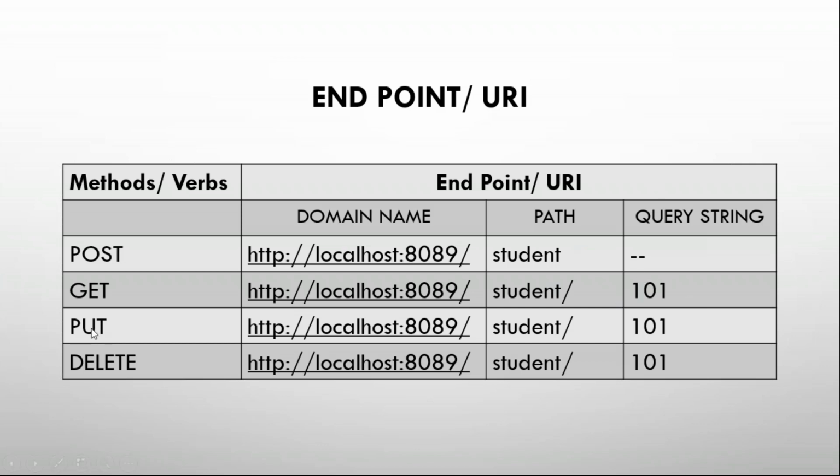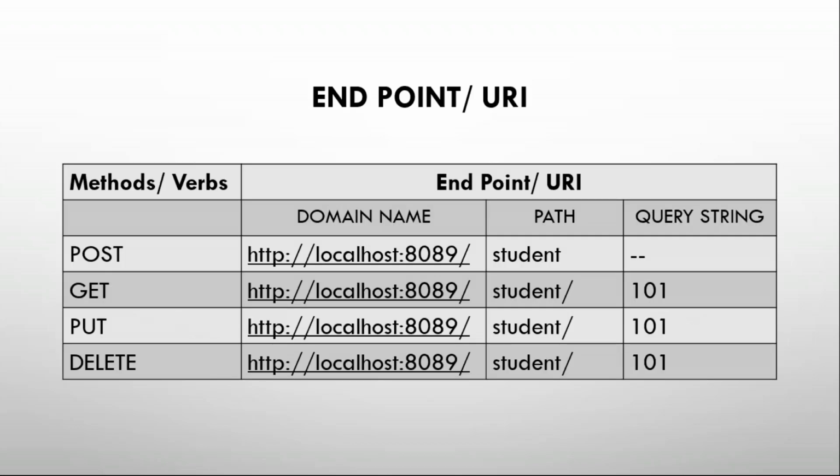For put, we are telling the database which record needs to be updated, so we are sending the query string as well as a body. We are also sending some data. For delete, no need to send any data. We only send the query string saying which record needs to be deleted. So these four methods we will work on.